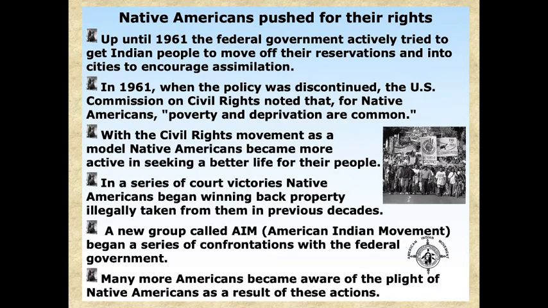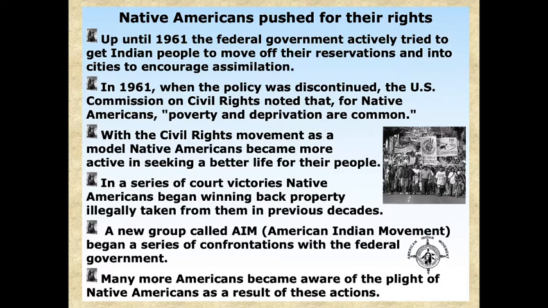So in 1961, up until 61, the federal government had tried to get Native Americans to move off their reservations and into cities to encourage assimilation. But in 61, this continued, and the U.S. Commission on Civil Rights noted that Native Americans' poverty and deprivation are common because, yeah, the reservations were in a poor state of affairs.